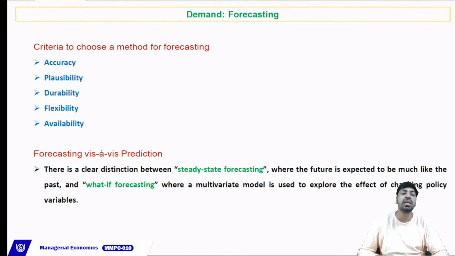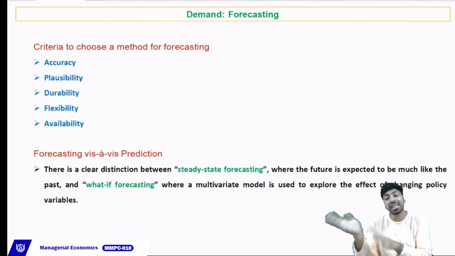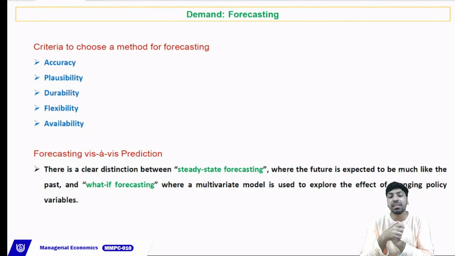There is a clear distinction between steady state forecasting, where the future is expected to be much like the past, and what-if forecasting, where a multivariate model is used to see how changing the policy variables affects the outcome. So this is all for today.